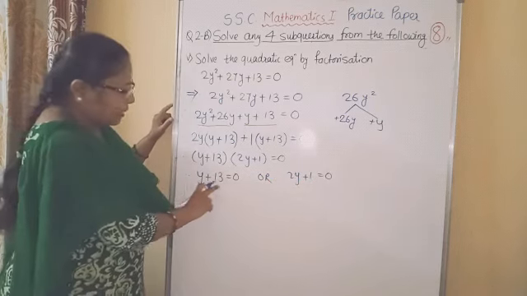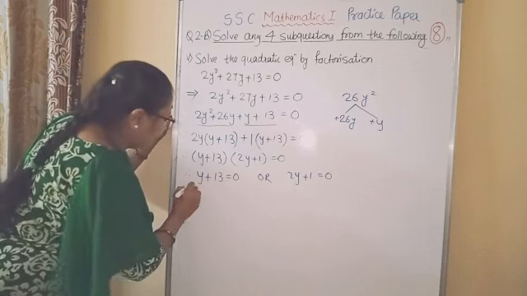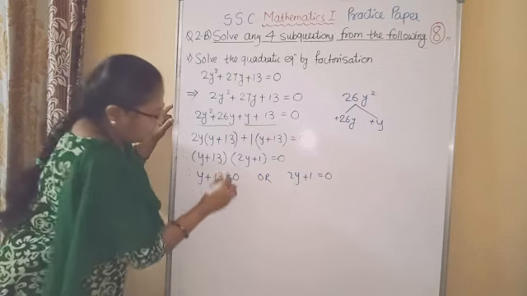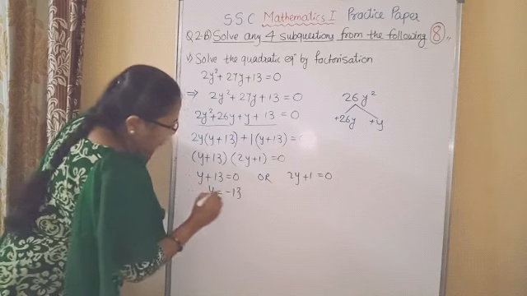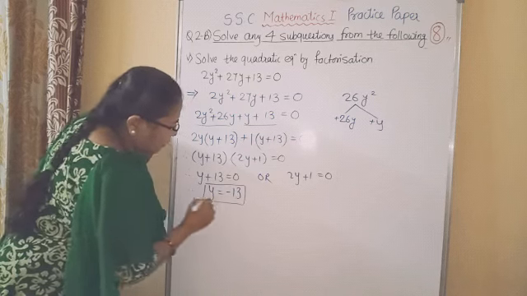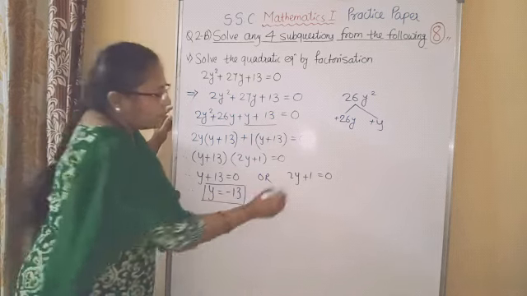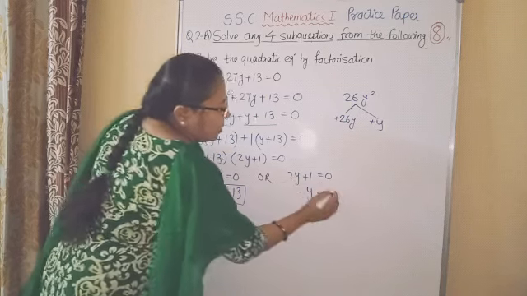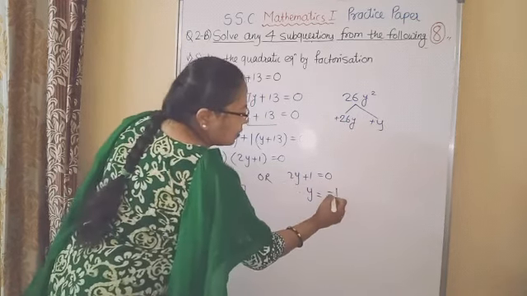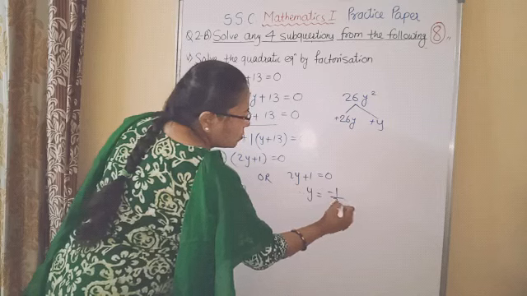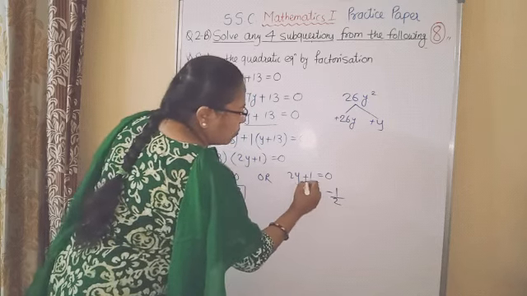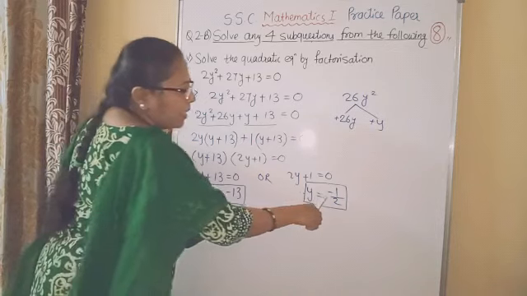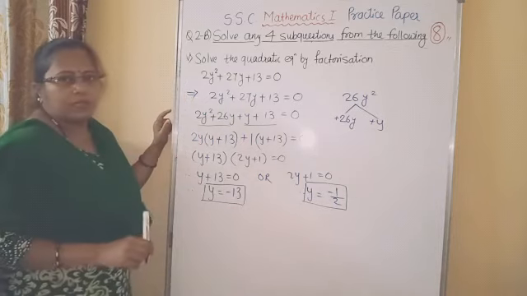So these are simple linear equations. Find the value of y. Plus 13, if you take it to this side, you will get minus 13. So y is equal to minus 13. This is one root. And here, take first this 1, so minus 1 upon this 2. So y is equal to minus 1 upon 2 is the second root. So minus 13 and minus 1 upon 2 are the roots of this equation.